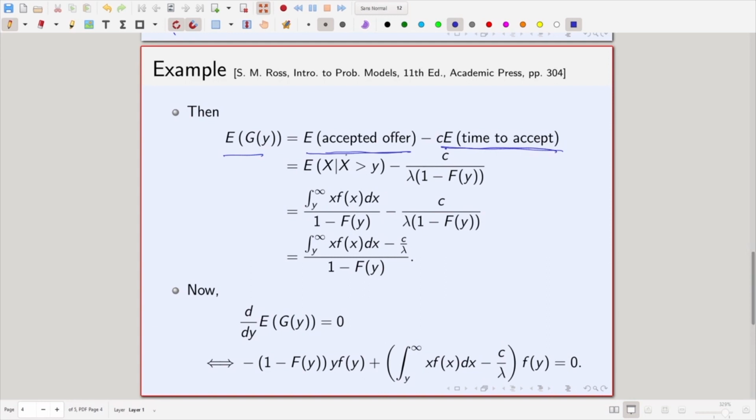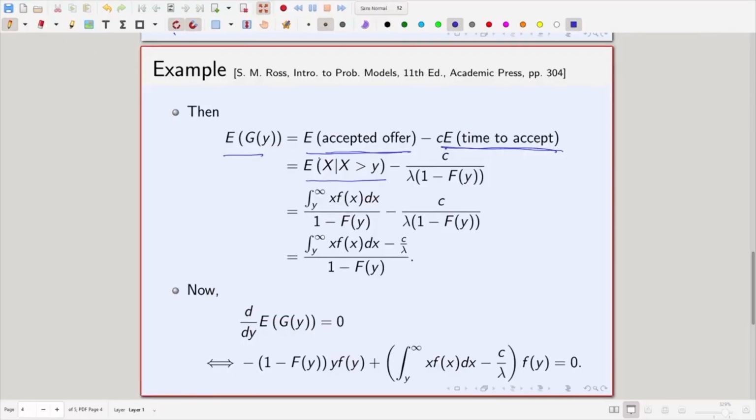Now, what should be the expectation of this accepted offer? It should be the expectation of X, but not just the expectation of X; it is under the information that X is greater than y, because you have accepted the offer. That means the size of the offer was greater than y, because that is the strategy you are following: you accept the first offer which is greater than y.